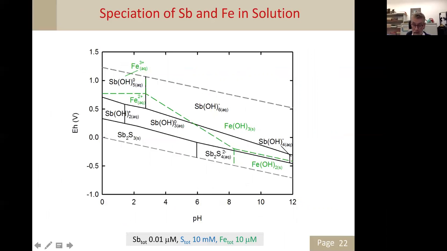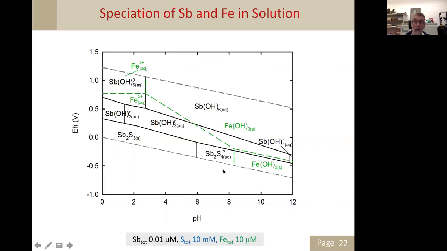Here you see the speciation diagram for antimony together with iron for the conditions we had in our batches. Forget about the sulfur here, which we did not have in our system, but just concentrate on the upper part of this diagram. And you see the green line gives you the dividing line between iron oxides, so oxidized iron, and iron 2 plus in solution.